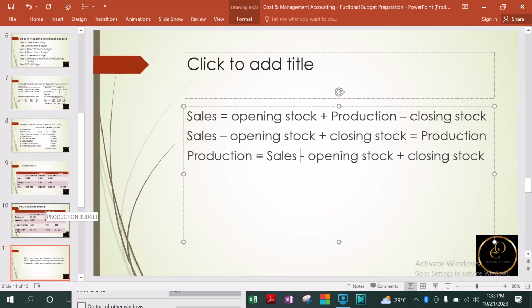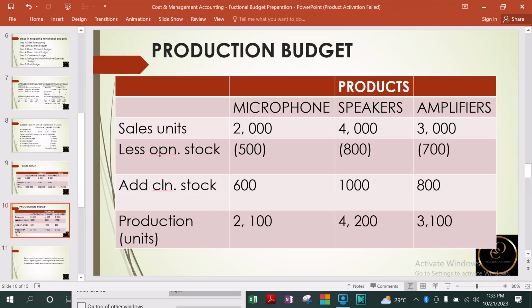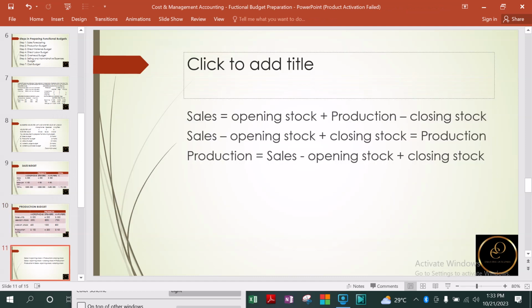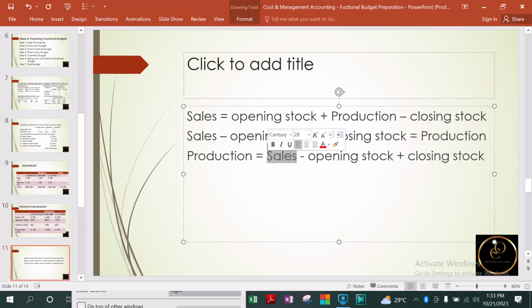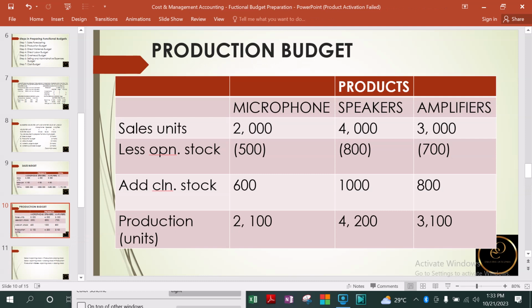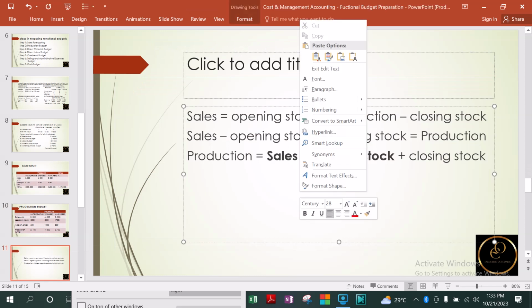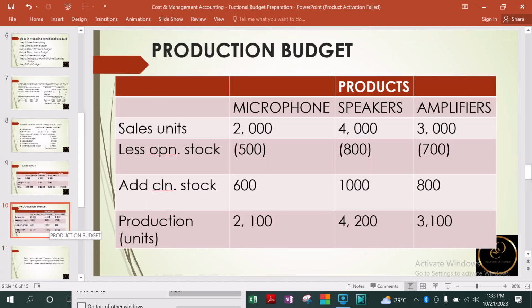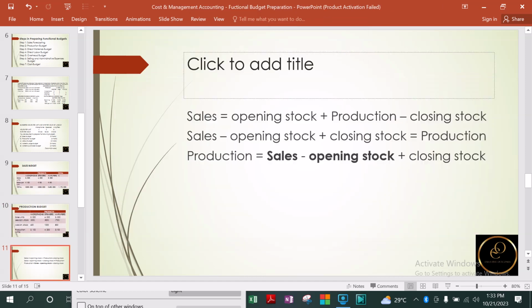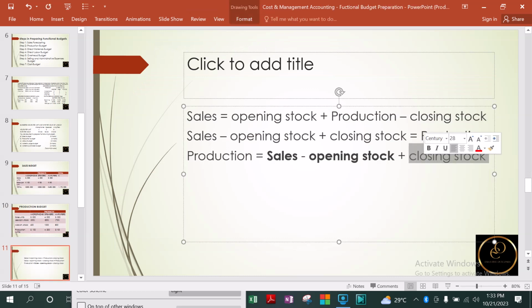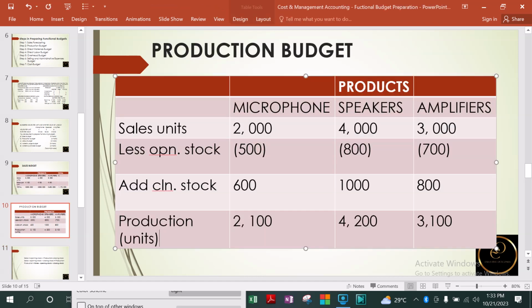You can see that we have the sales in this relationship, and we also have the opening stock, and again the closing stock here.